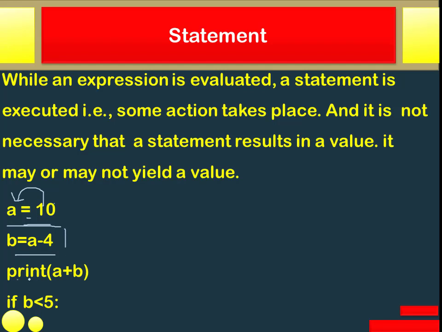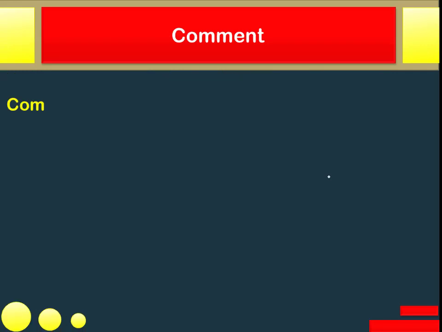Here the value is produced: print a plus b, the value will be there. Here again the value will not be produced. So for some statements you may find a value is produced, for some the value is not produced, though they are executed. When the interpreter executes this line, it will assign the value to that. That is all. Now next we are going to learn about comments.